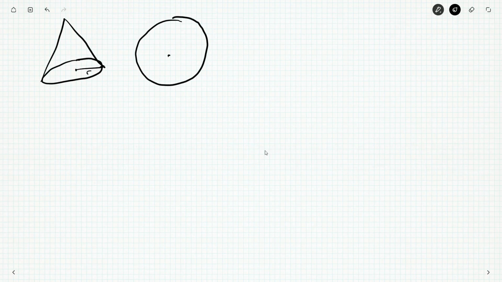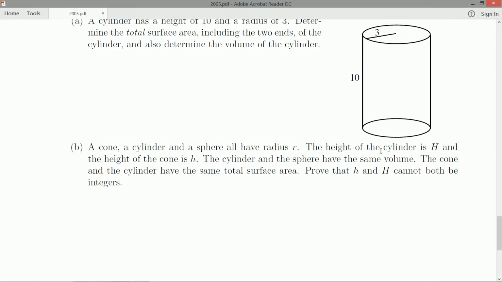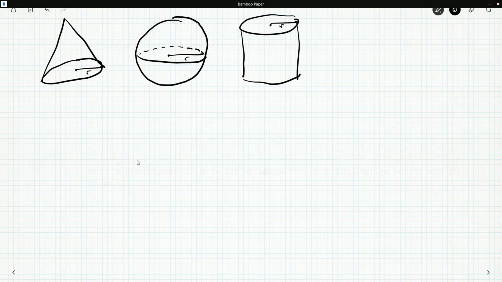Here's my sphere, radius r. You might even want to do one of these with the little dashed lines behind it. There it is. And we have a cylinder, radius r. And then we had some heights as well. The height of the cylinder is capital H, the height of the cone is little h.